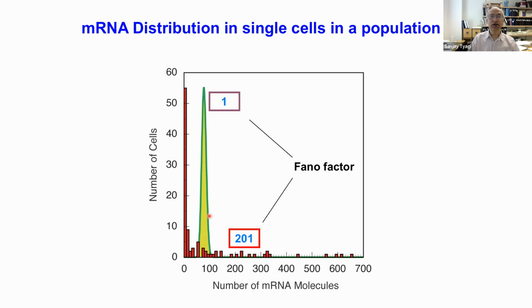And there is this statistical parameter called Fano factor, which is essentially standard deviation squared divided by mean. So this would be the width of the hair, the standard deviation squared divided by mean. And for Poisson, it's 1. And for this population, it was 200. It departs a lot from the expected Poissonian distribution.